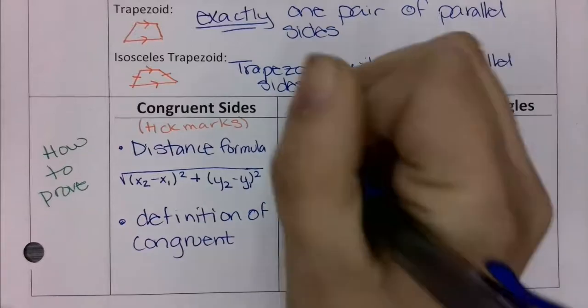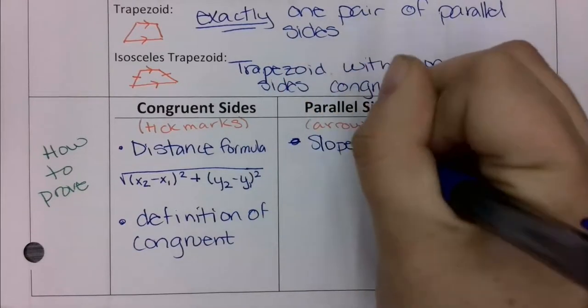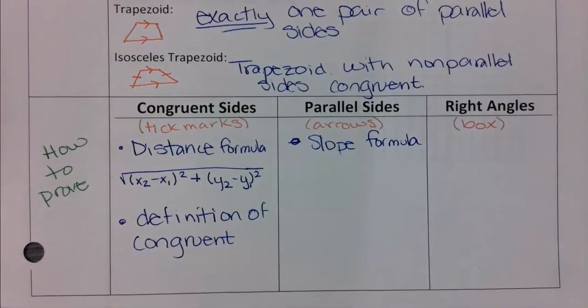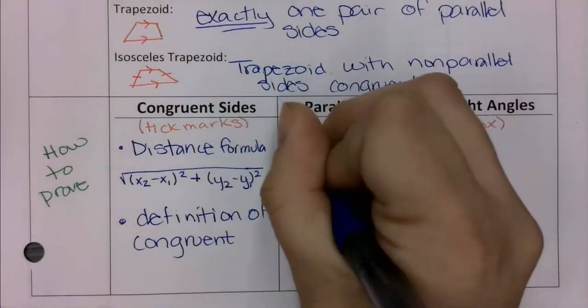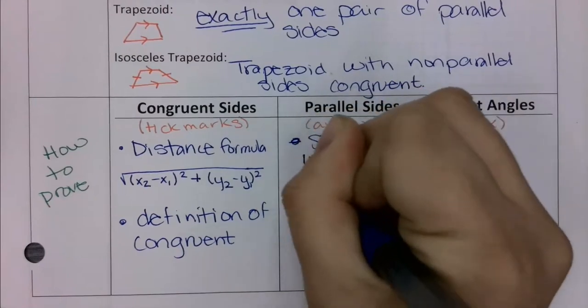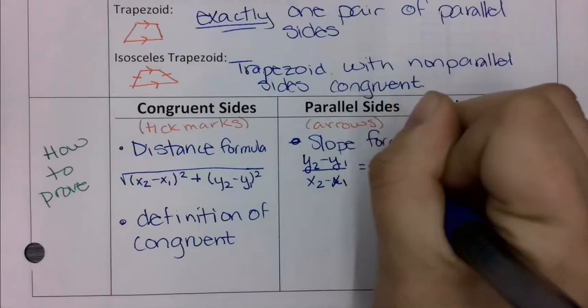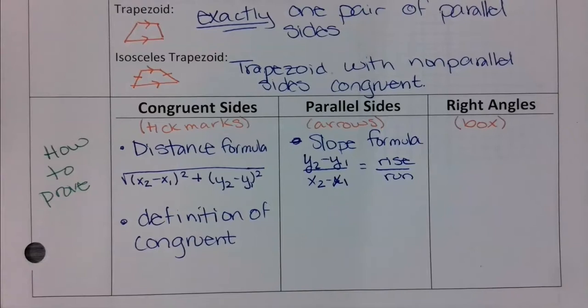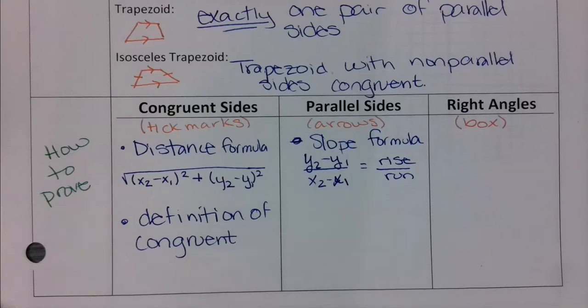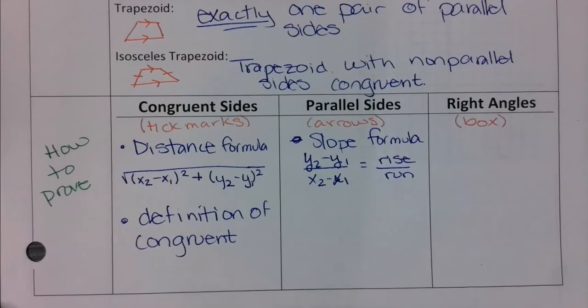Okay, so for parallel sides, I can use the slope formula to prove that they're parallel. Rise over run.